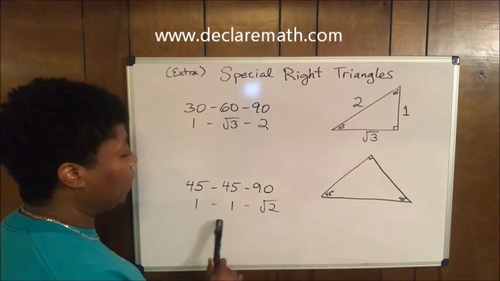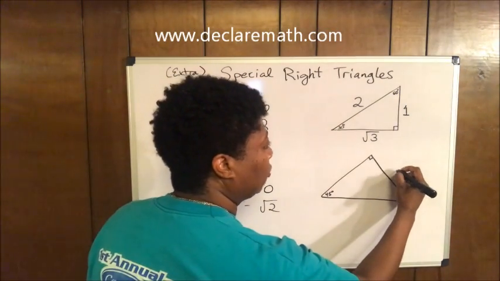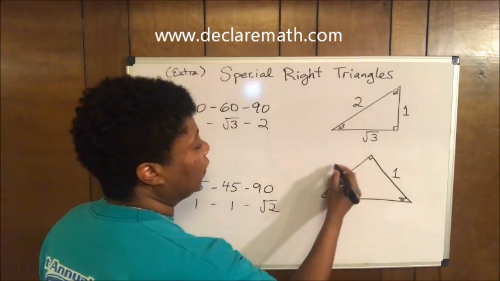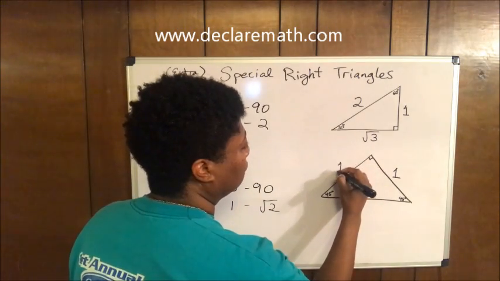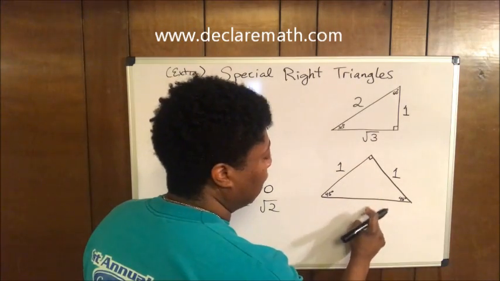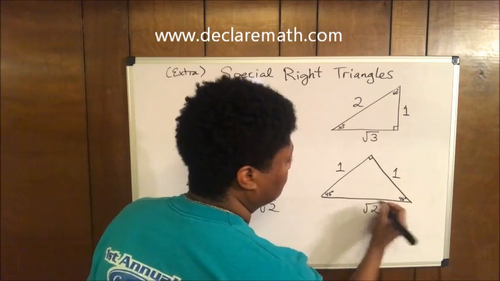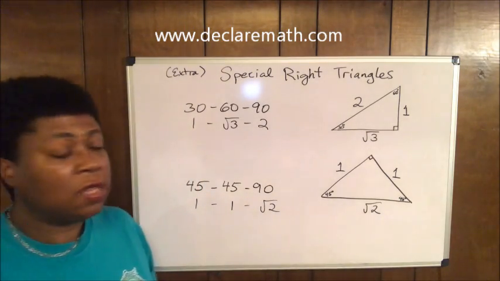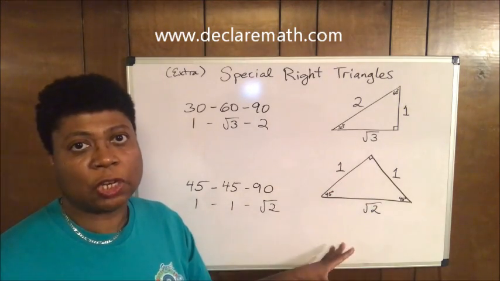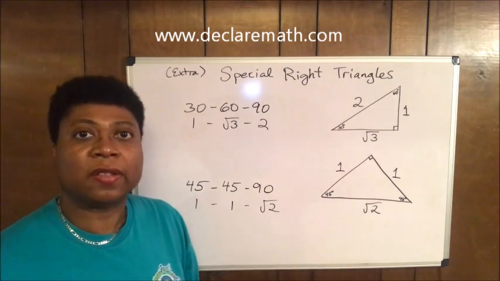Okay, so what that means is the side opposite of one of the 45-degree angles is 1 unit. The side opposite of the other 45-degree angle is 1 unit. And the only thing left is the side opposite of your 90-degree angle, which is the square root of 2. Okay? And these are your base simplified ratio relationships or proportions among these sides here.